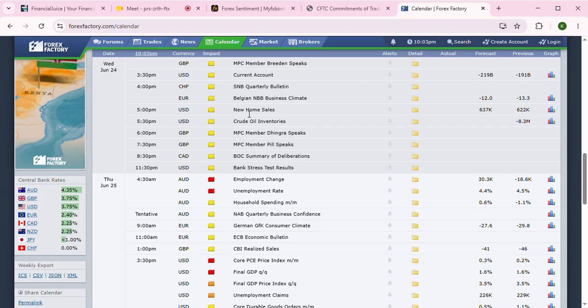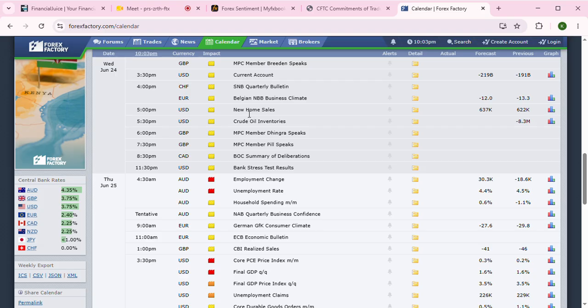So this one I can say you can expect an increase, and if the outcome is going to be an increase, that means it's good news for the Australian economy. And if the news is good for an economy, that means the currency is going to be gaining strength. So Audi pairs will be buying.